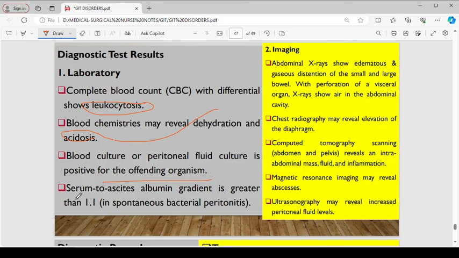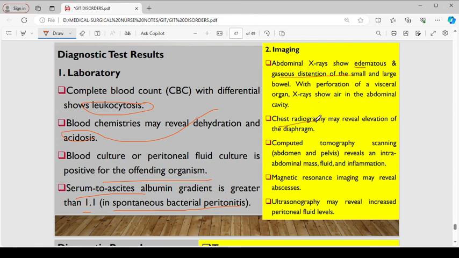When you look at the serum to ascites albumin gradient, it will be greater than 1.5, especially in spontaneous bacterial peritonitis. Abdominal X-ray will show edematous and gaseous distension of the small and large intestines. Then you could have perforation of a visceral organ, where X-ray shows air in the abdominal cavity.